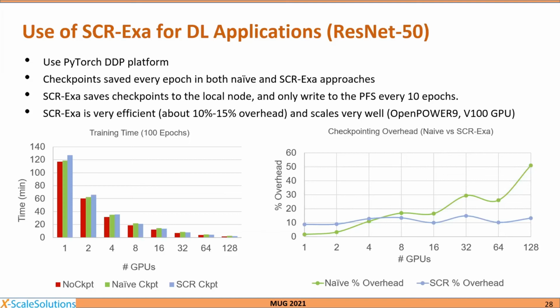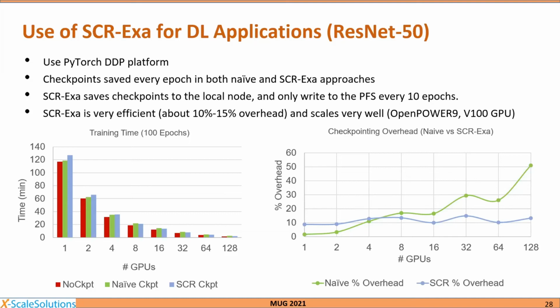As a reference point, we'll just see how much overhead the checkpoint itself creates. And we are comparing 2 different checkpoint schemes. One is the naive one, where you do your own store and load. The other one uses our library.